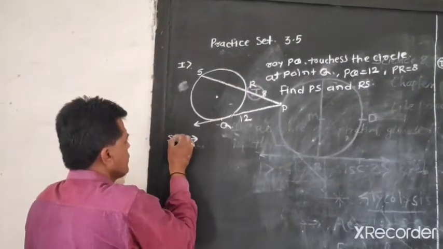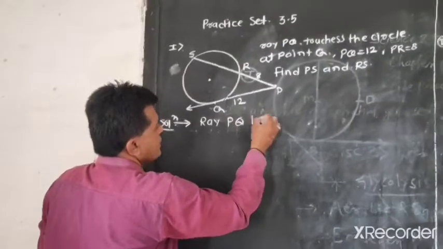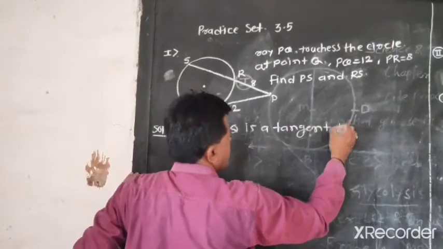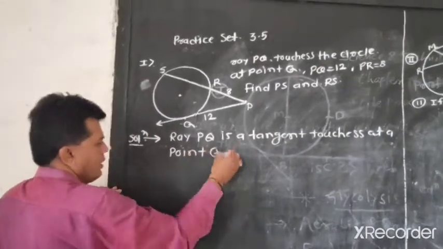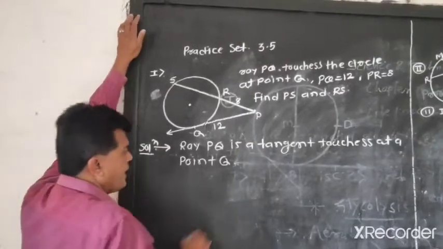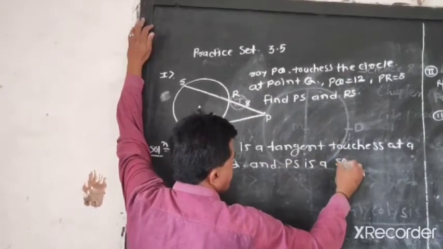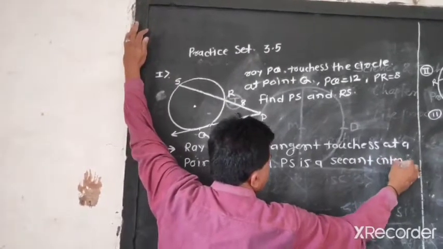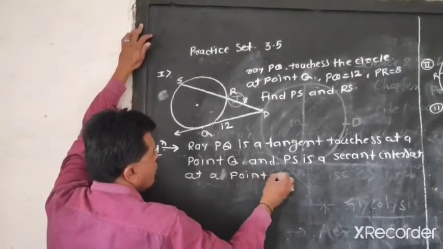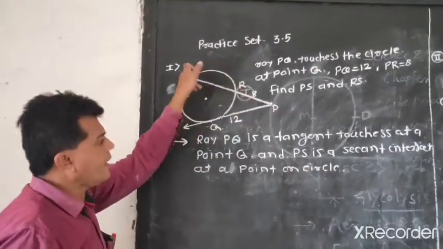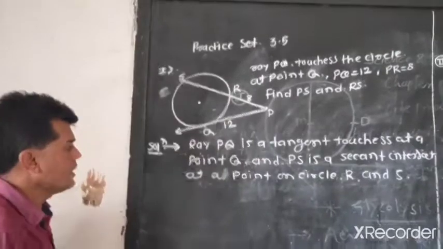Now the solution. Ray PQ is a tangent touching the circle at point Q, given, and PS is a secant intersecting the circle at points R and S, given.